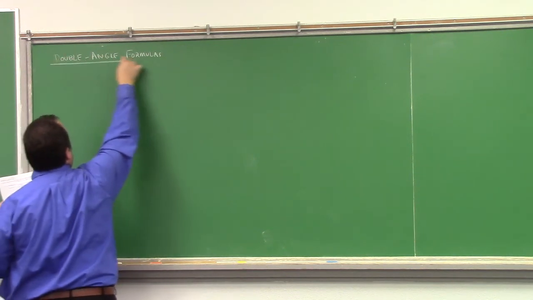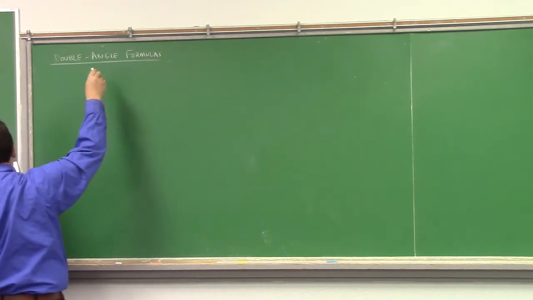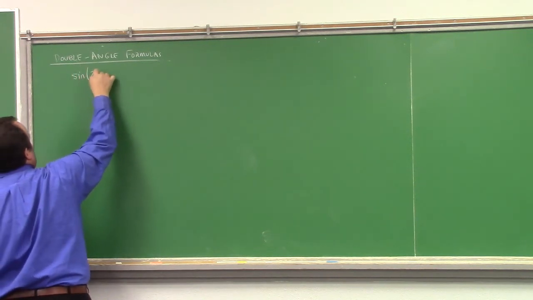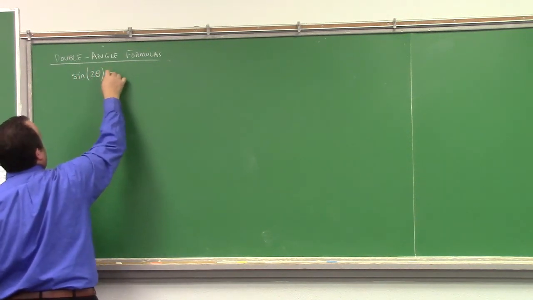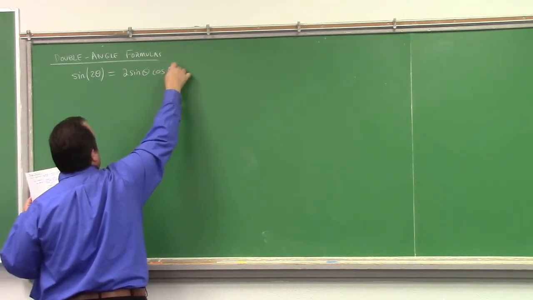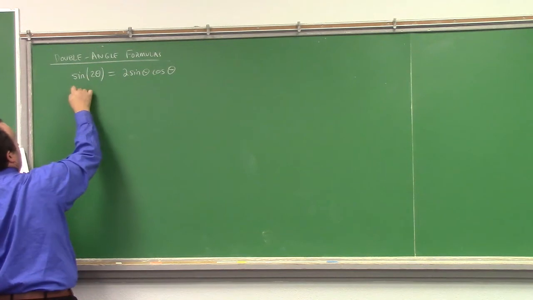I'll call it what he calls it, double angle formulas. So here are his double angle formulas. He's got the sine of 2 theta is 2 sine theta cosine theta. This one's important to physics. We need to use this in the derivation of the range equation.